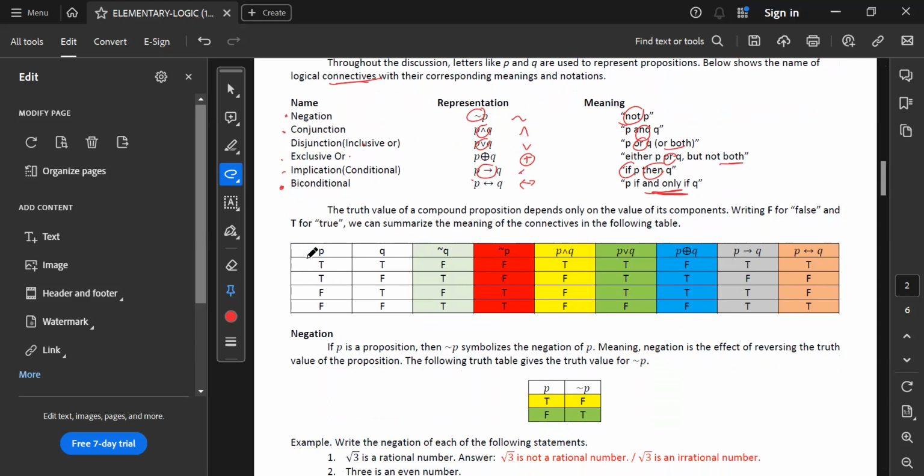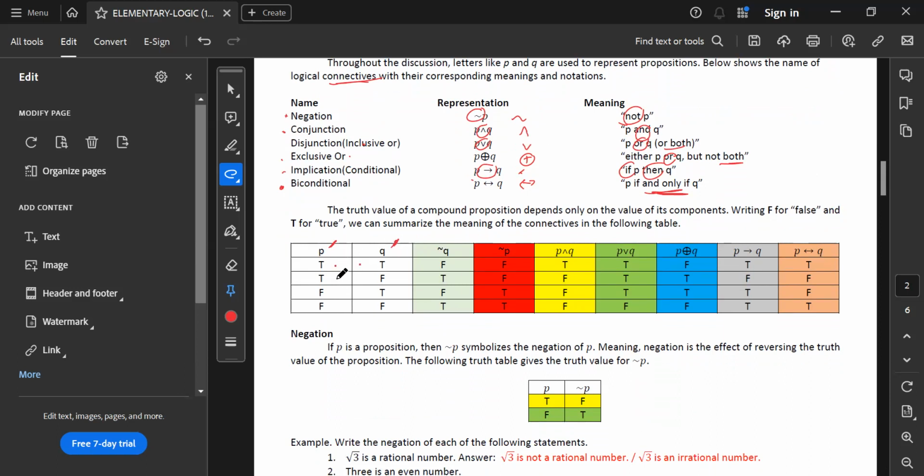For example, we have a statement or proposition P and a proposition Q. When we create a truth table with two propositions, usually we have two true and two false, and you partner it with the truth value of the other proposition.